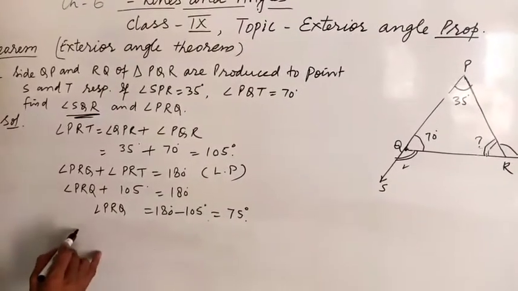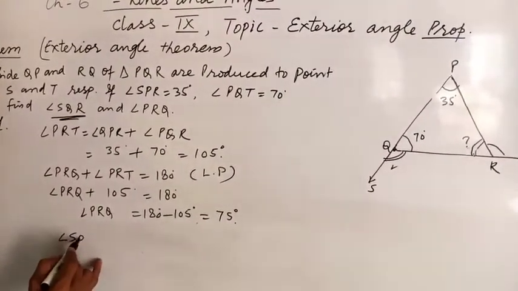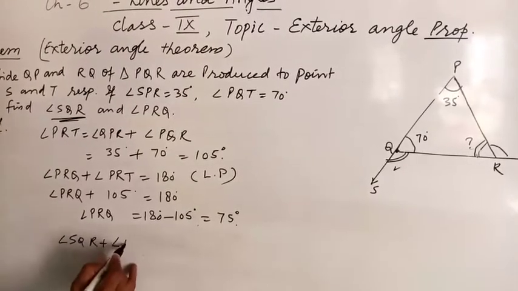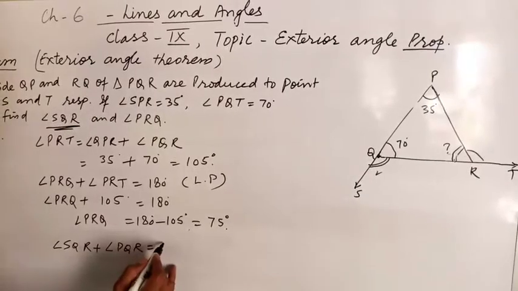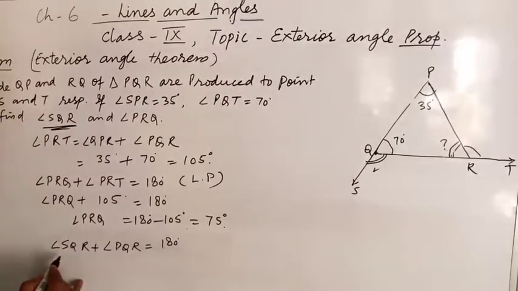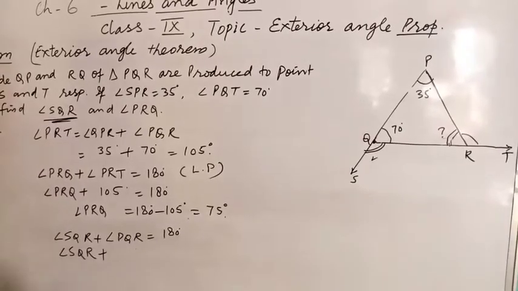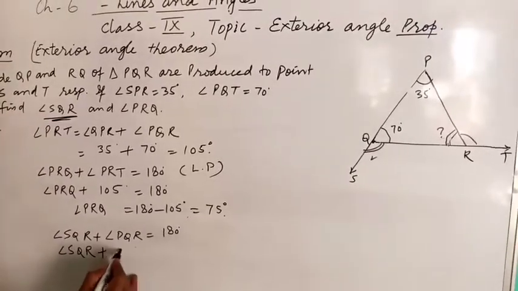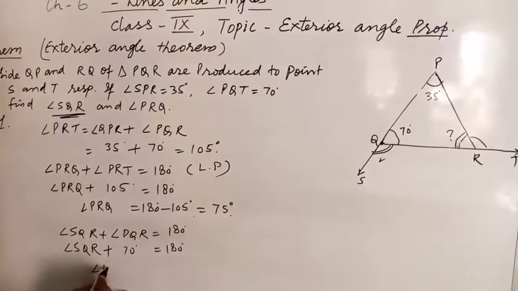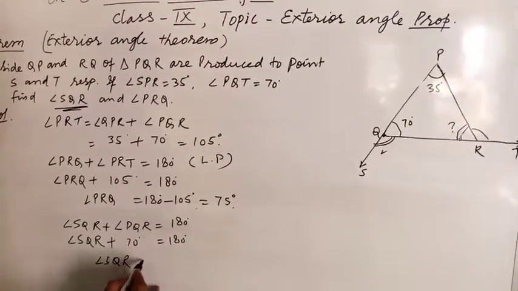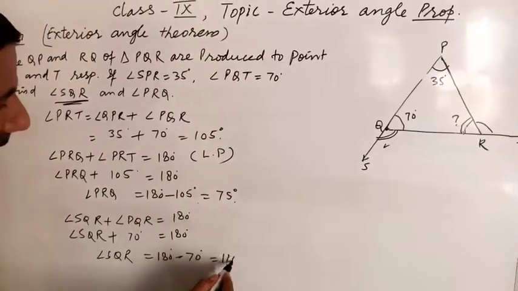So using this property, angle SQR plus angle PQR is equal to 180 degrees. To find angle SQR, with PQR being 70 degrees, angle SQR is equal to 180 minus 70, which is equal to 110 degrees.